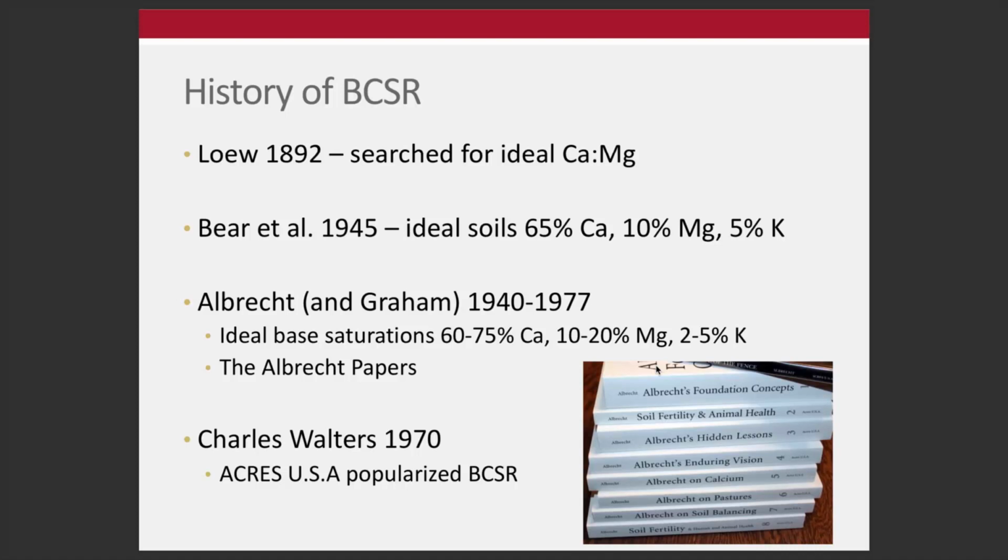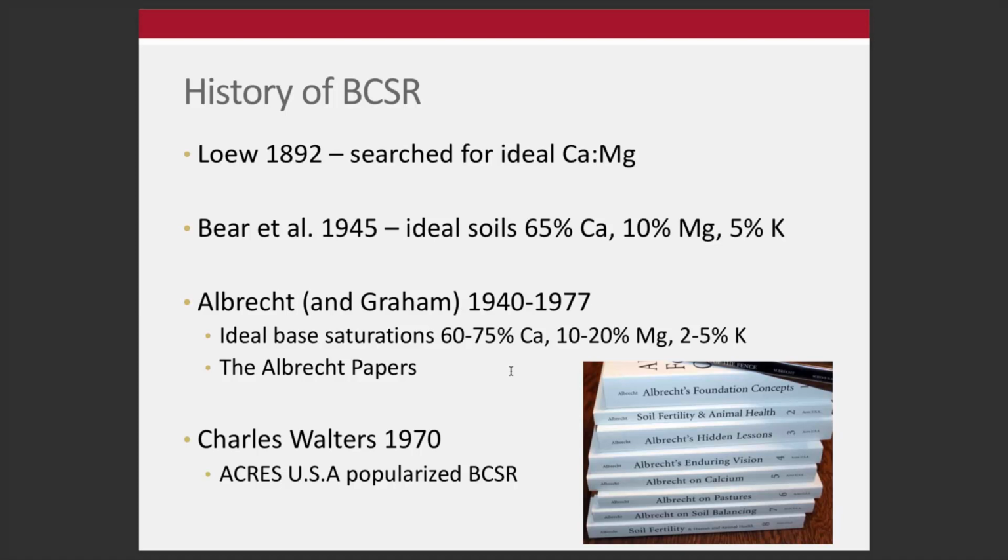And then really, it's William Albrecht. In the 40s to the 70s, William Albrecht was a University of Missouri soil scientist and was the chair of the department. He made a big impact in terms of his writing and his thoughts. He was very forward-thinking and progressive, and he spent a long time looking at this stuff.